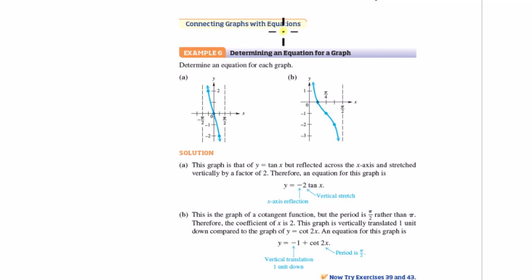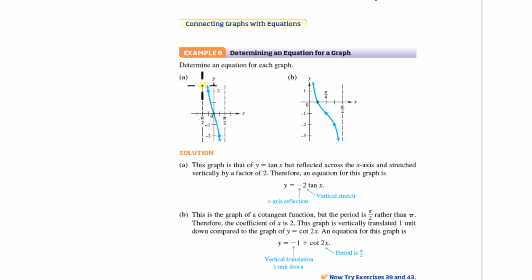Okay, connecting graphs with equations. So here we're given a graph, and we want to determine the equation. So let's see. This looks like it could be, all right, minus pi over 2 to pi over 2. That's, I think, tangent, right?